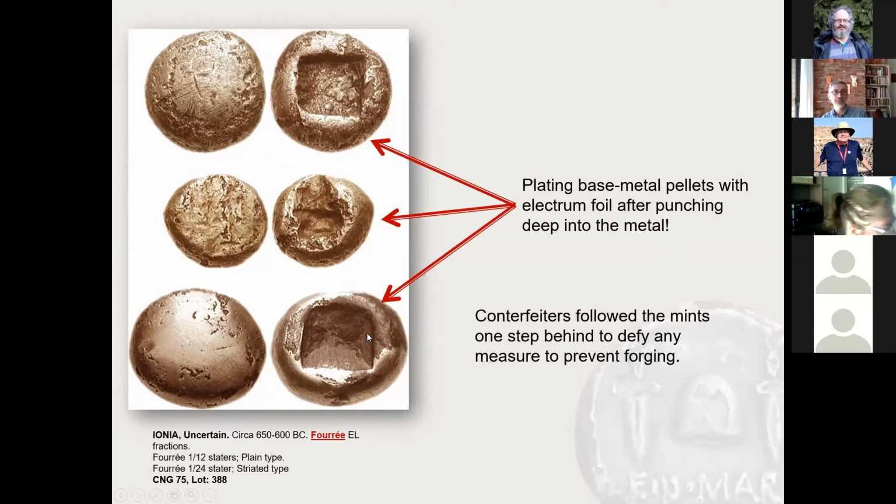So the authority decided to punch into the metal to show that the metal is pure inside out. And the counterfeiters simply defied their logic and they punched the base metal first and then plated them with precious metal. Who were the counterfeiters? That's the question we will keep asking.